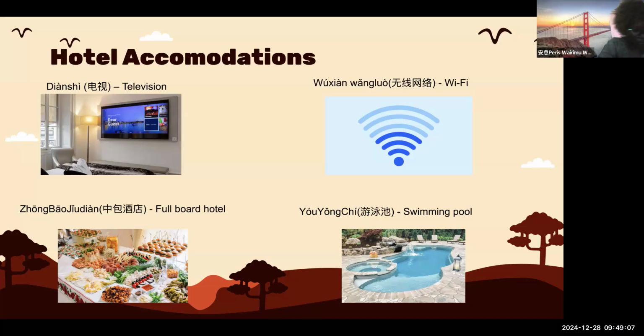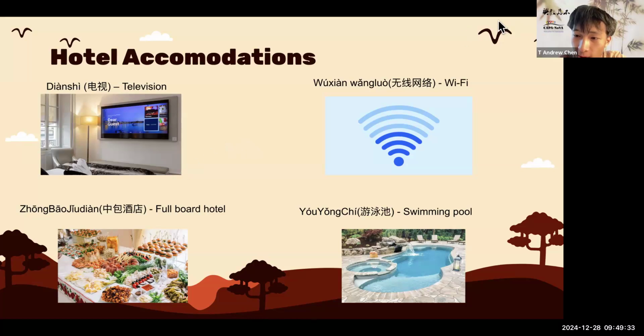So again, it depends on how your agency worked it out. Just be aware, 中包 and 全包 potentially all mean full board, all covered. Okay? All right, continue.